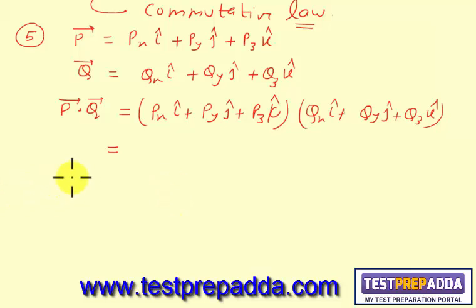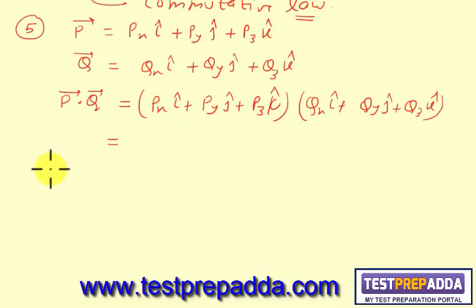So if I multiply i with j, i cap dot j cap, since the angle is 90 degree, cos 90 will become 0.